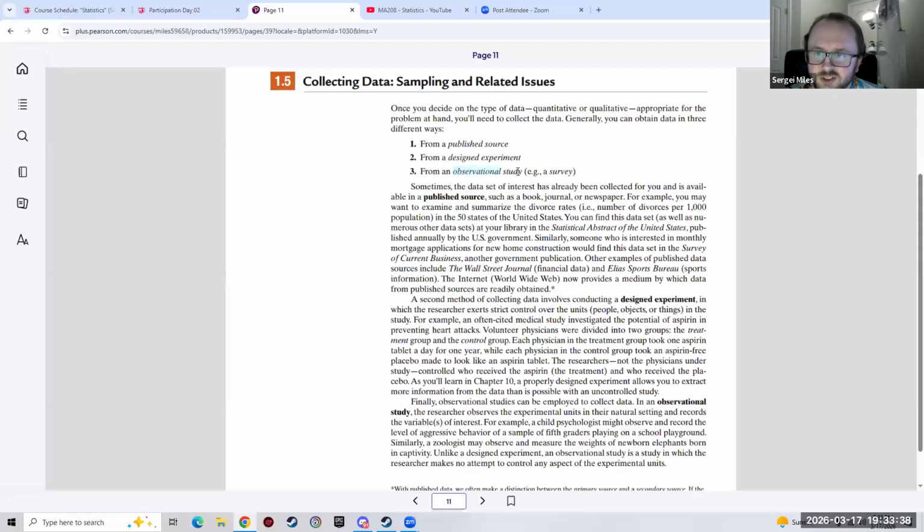An observational study is kind of the opposite from an experiment in this regard, where for an observational study, we're removing the control. We have no control over the experimental units. We're simply observing what they're doing. Take the rat example. Placing the rat into a maze, that's an experiment. I am controlling the environment around that rat.